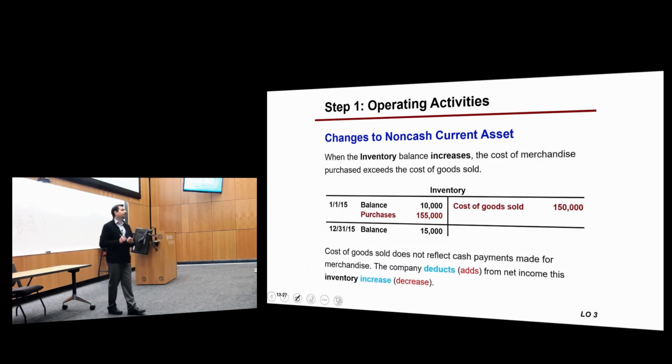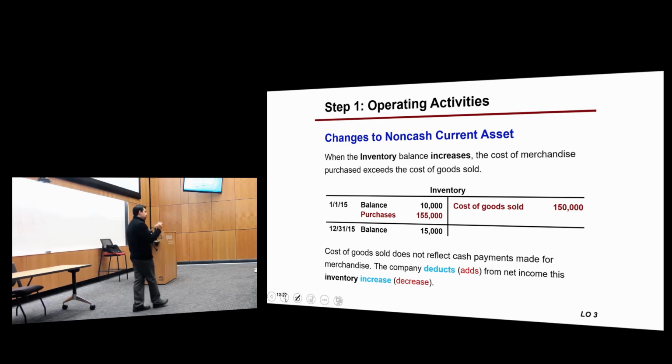Another example is inventory. I think someone mentioned it before. So what happens when you buy inventory? Let's say that the company purchased $100,000 of inventory, and they sold the whole thing. In this case, the cost will be the same as the cost of goods sold, right?